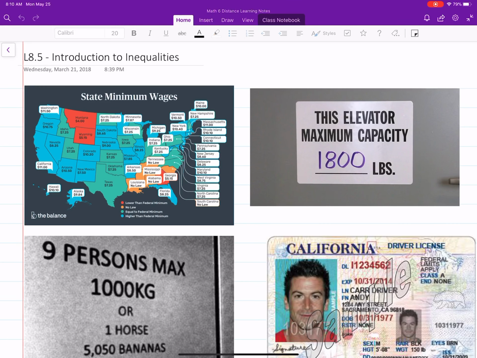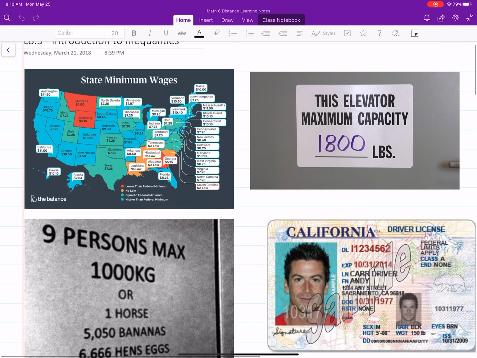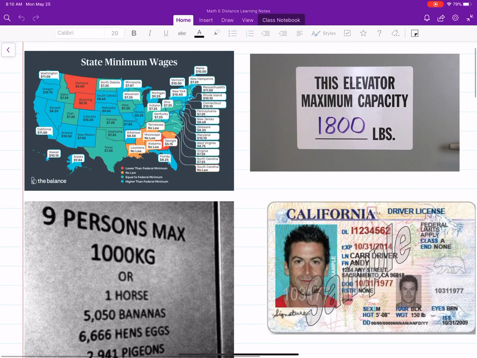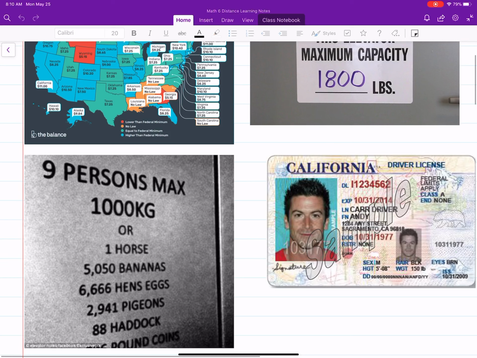So in looking at these images, I have state minimum wages. I have the maximum weight capacity for an elevator, which is 1,800 pounds. I have another picture here, I believe probably from an elevator, the bottom left.